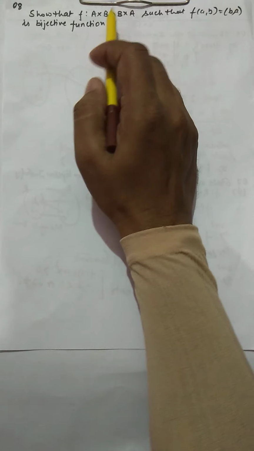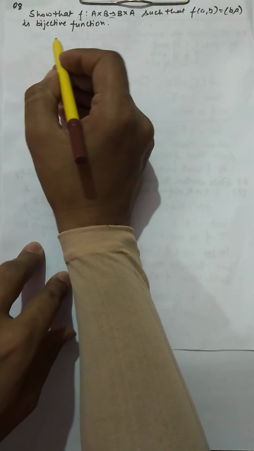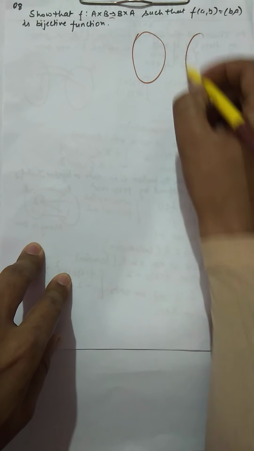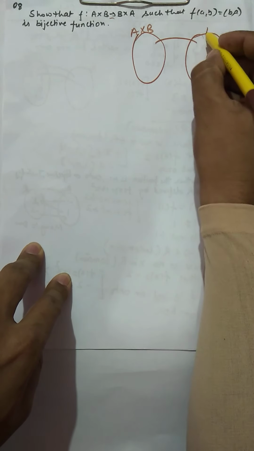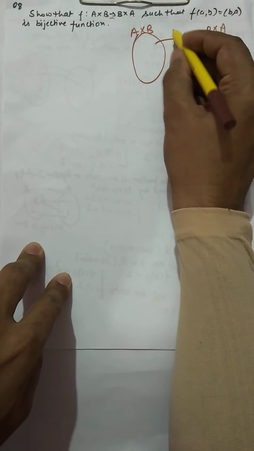Now question number 8: show that f from A cross B to B cross A such that f(a,b) equal to (b,a) is a bijective function. We have to show this is bijective. So how can we show? First you understand what your domain is. This is A cross B and this is B cross A, and this is your function.